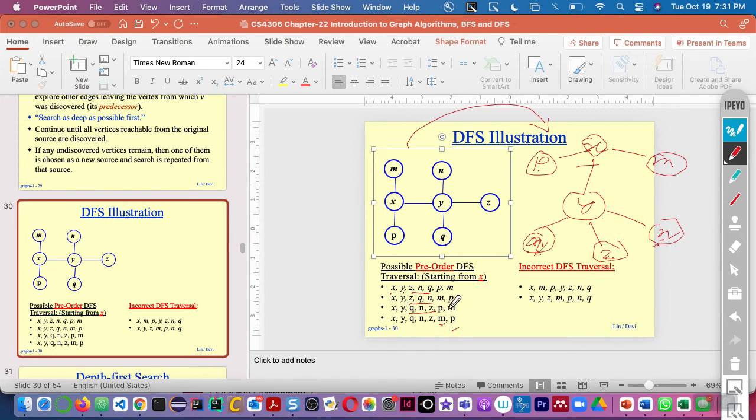For these three, there will be 3 times 2, one for P, another for M, another for M, another for P. There will be more variations over here.